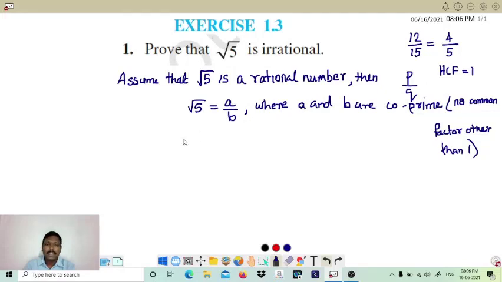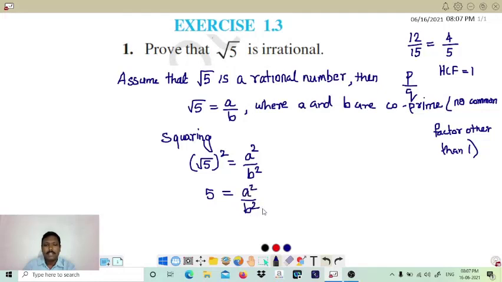Now we have to square on both sides. Squaring, we get root 5 the whole squared is equal to a by b the whole squared, that is, 5 is equal to a squared divided by b squared.